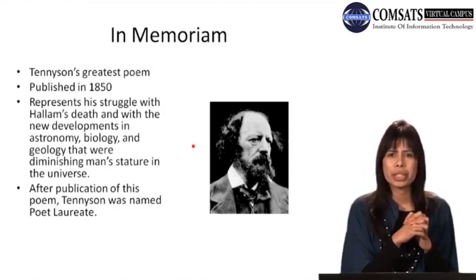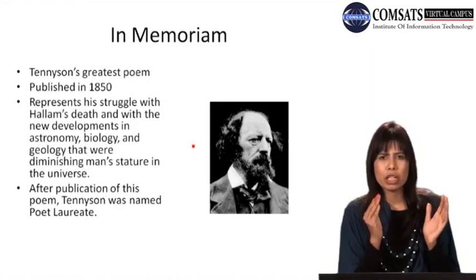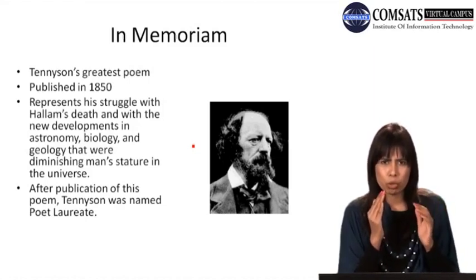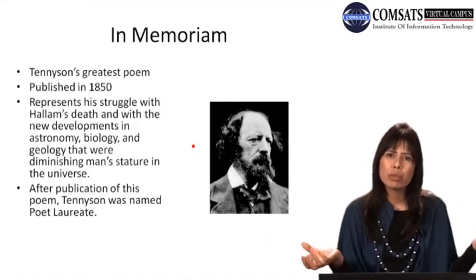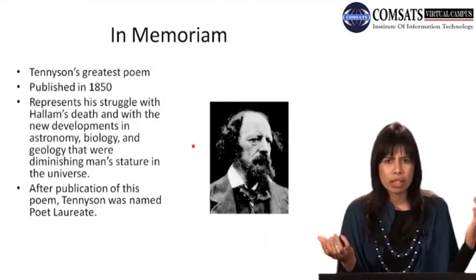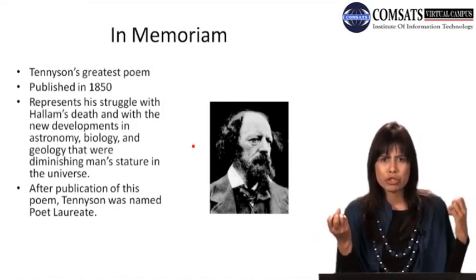My dear students, while analyzing Tennyson's poems, for example In Memoriam, you have to keep in mind what was happening when he was writing the poem. First of all, his best friend's death, so you could see the theme of death in In Memoriam, and many other elements, for example astronomy, geology and biology as well.